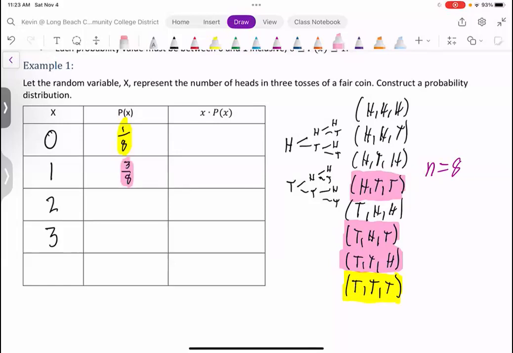How about getting exactly 2 heads? We have here, here, and here. Again, we have 3 out of the 8 chances of getting 2 heads. And for getting 3 heads, we only have 1 option left, and that is here.